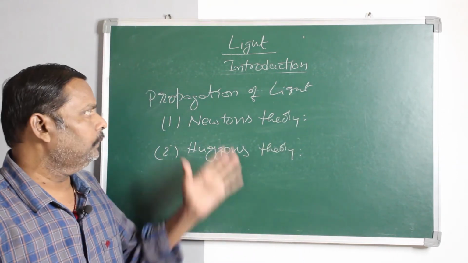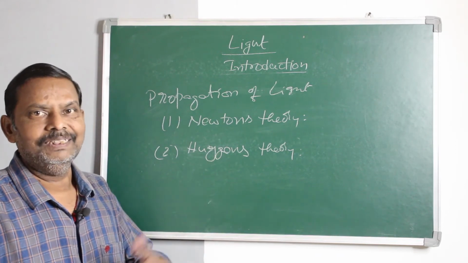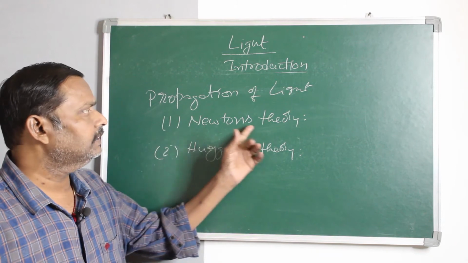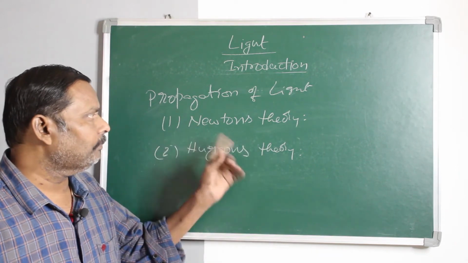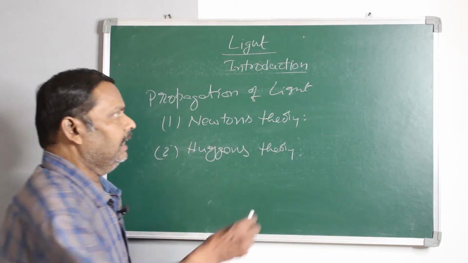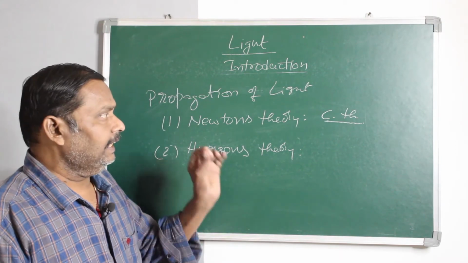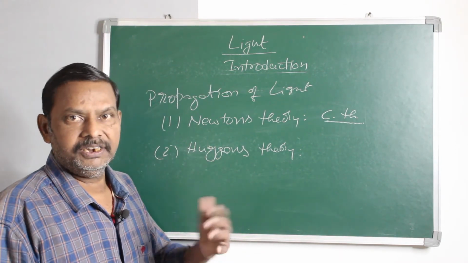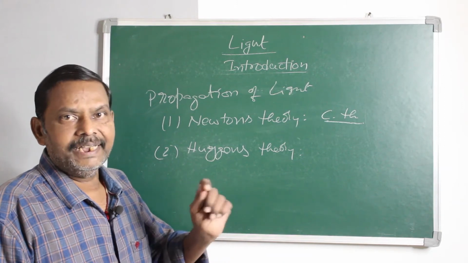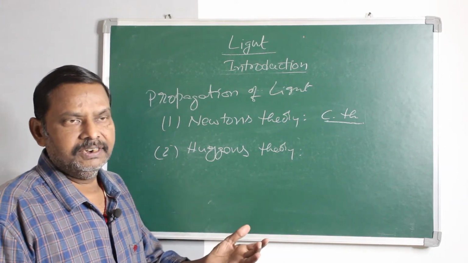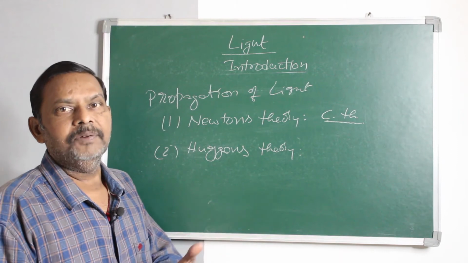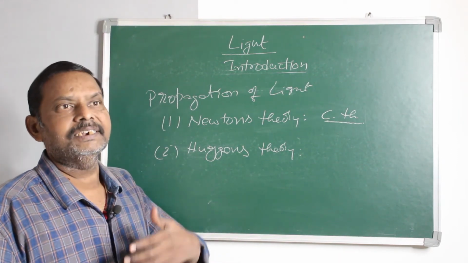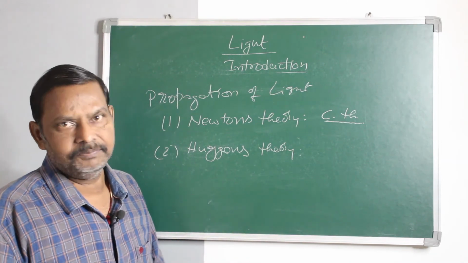There are two different theories to explain the propagation of light through different media. One is Newton's theory. Newton proposed that from the source of light, natural or artificial, small tiny particles start and they are shot out in all possible directions, and these corpuscles travel in a straight path and reach the observer.